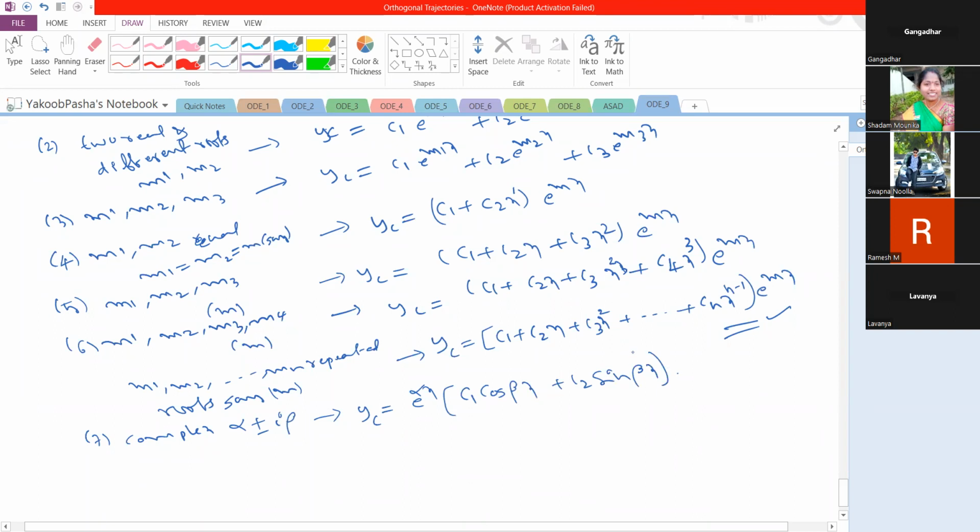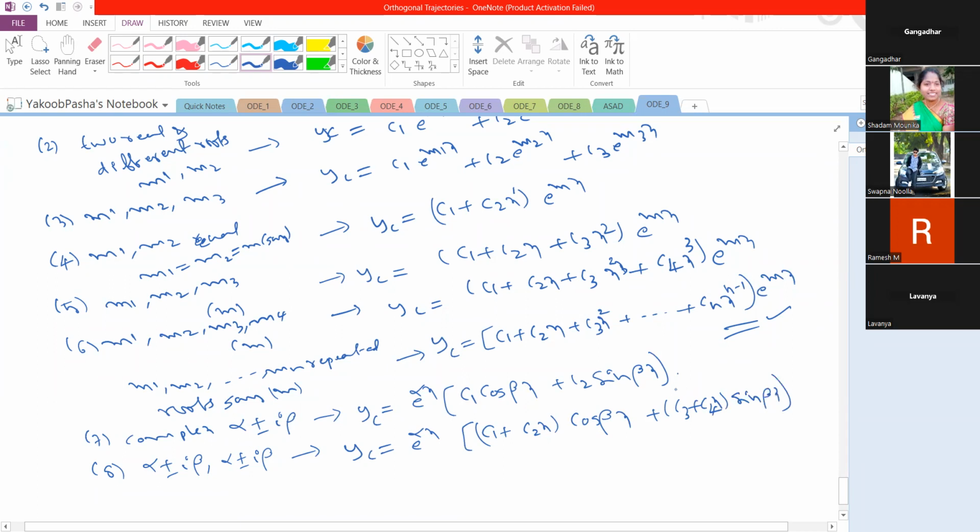Sometimes the complex roots are repeated, for example alpha plus or minus i beta repeated. The complementary function yc is e to the power of alpha x into ((c1 plus c2 x) cos beta x plus (c3 plus c4 x) sin beta x).